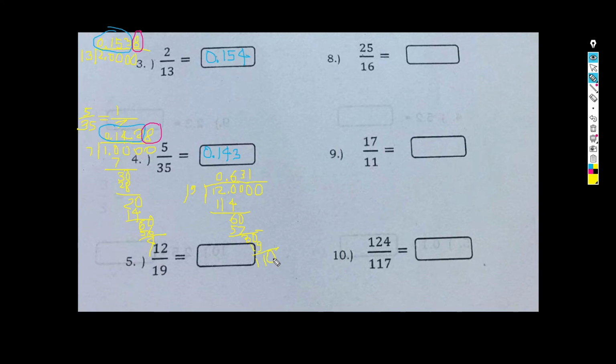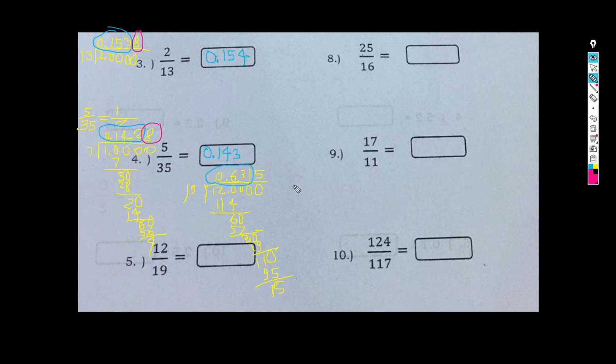110 divided by 19. This will be 5 times 19. 5 times 9, 45. Carry 4. 9, so 95. That is 5. Remainder 15. But we will focus on 3 decimal places only here.